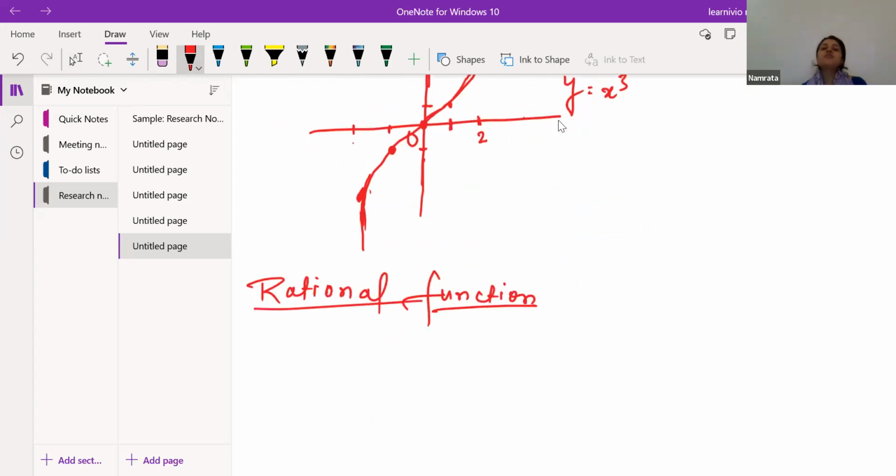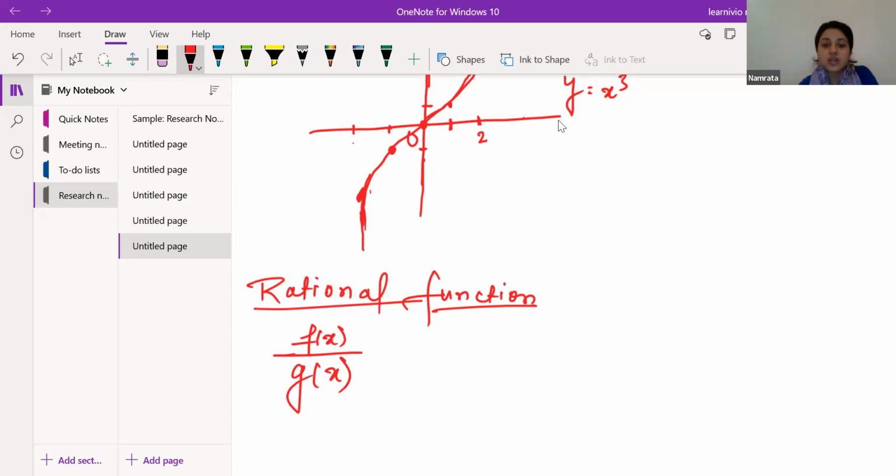Any number in the form of p by q, where the denominator is not 0, is a rational number. Here, rational functions are functions of the type f of x over g of x, where f of x and g of x are polynomial functions. Those are rational functions. Now the modulus function and the rest of the functions we will discuss in the next class.